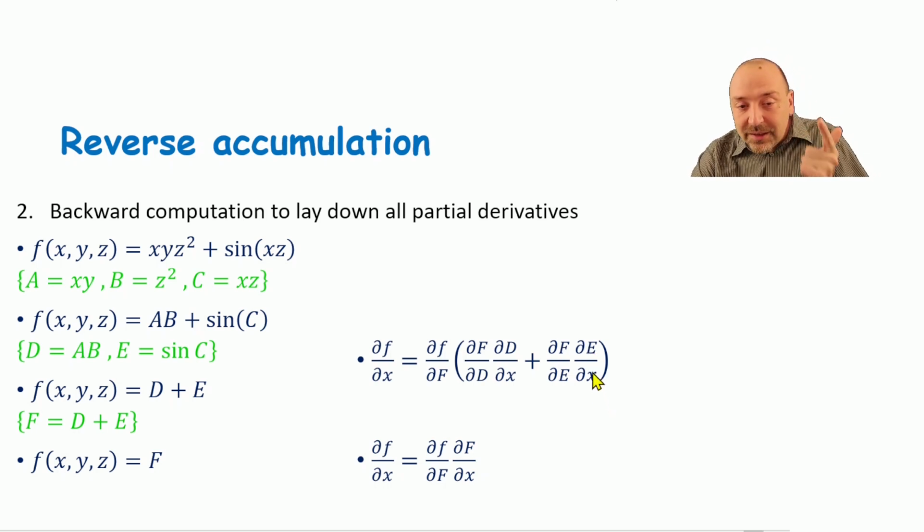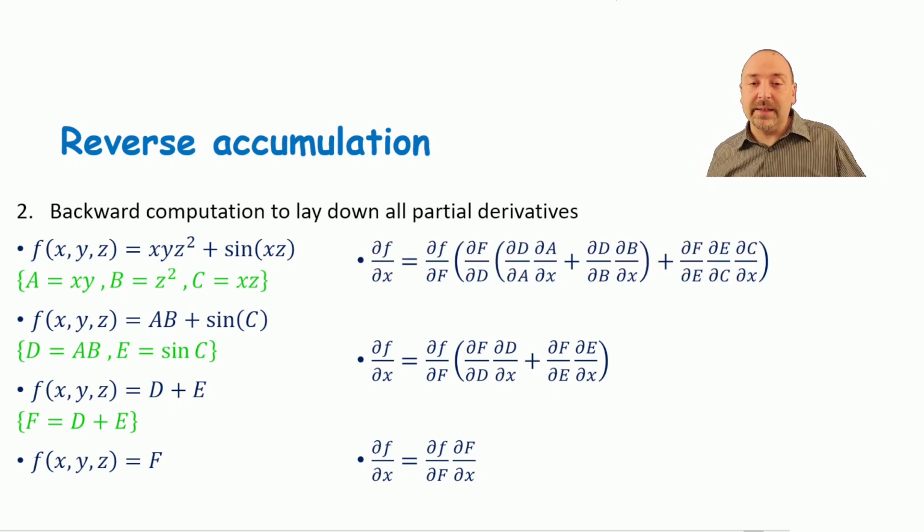We can repeat this to break down D and E into the product AB and the sine of C. So we get another level. The partial derivative of D in x is now the partial derivative of D in A times the partial derivative of A in x, plus the partial derivative of D in B times the partial derivative of B in x.